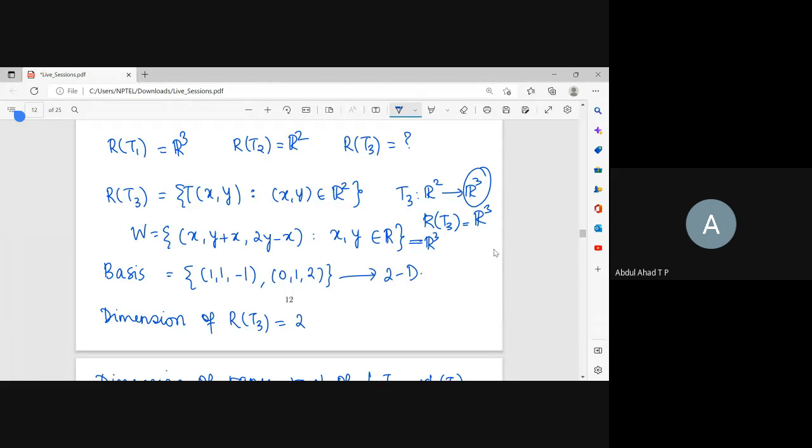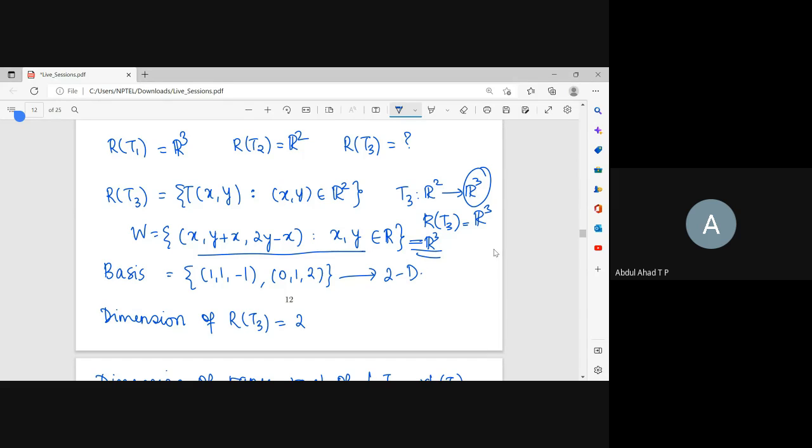Yes, R3. You're checking whether this subspace, I know that the range is always a subspace, is equal to the codomain, R3. Yes, but it is not, because I am giving a basis with two elements, right?